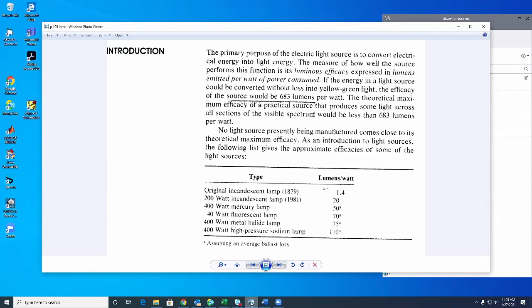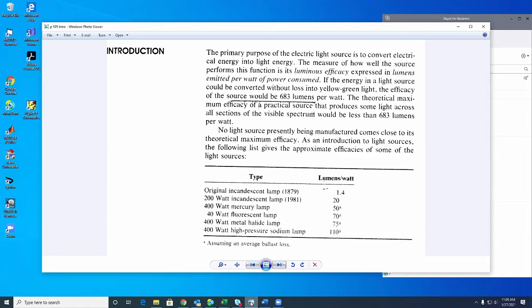Now, the perfect source, which converts without loss all the electric energy into a yellow-green light, that efficacy of the perfect source would be 683 lumens per watt. That's the theoretical maximum efficacy of a practical source. No light source presently being manufactured comes close to its theoretical maximum efficacy.